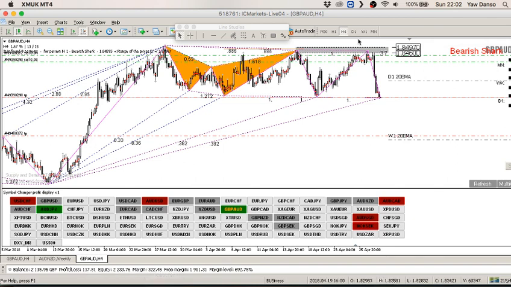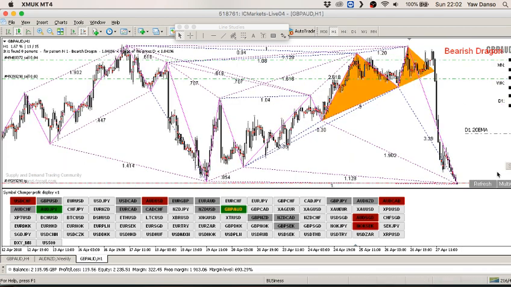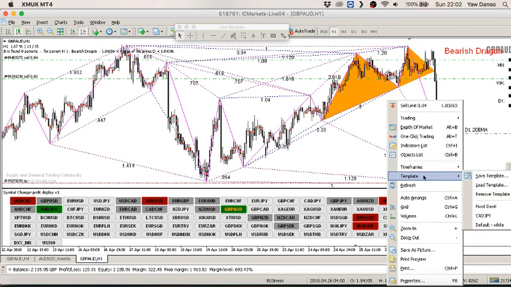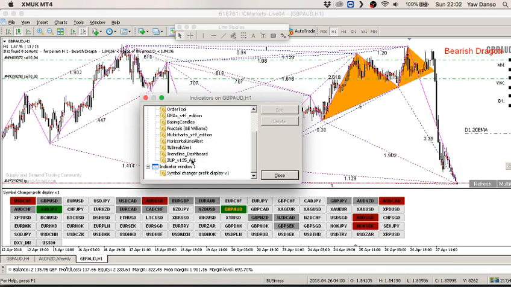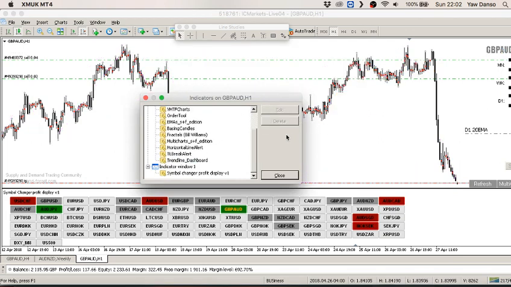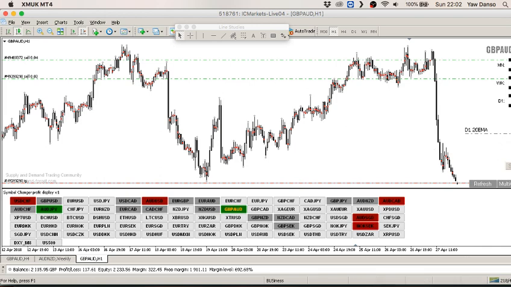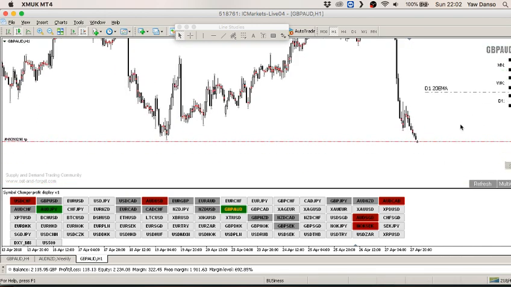The market is open. It's 10 o'clock and the market is open, so you can see the market is actually moving. And let me get rid of this indicator. Can you guys see that the market has just gone to the line of where I was supposed to get out?